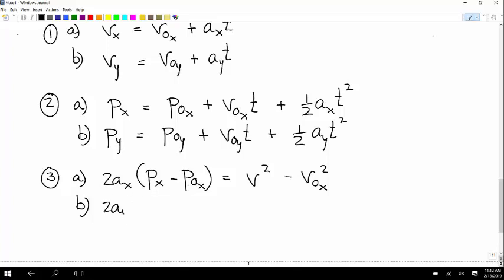So 2ay times the quantity py minus p0y is equal to vy squared minus v0y squared.